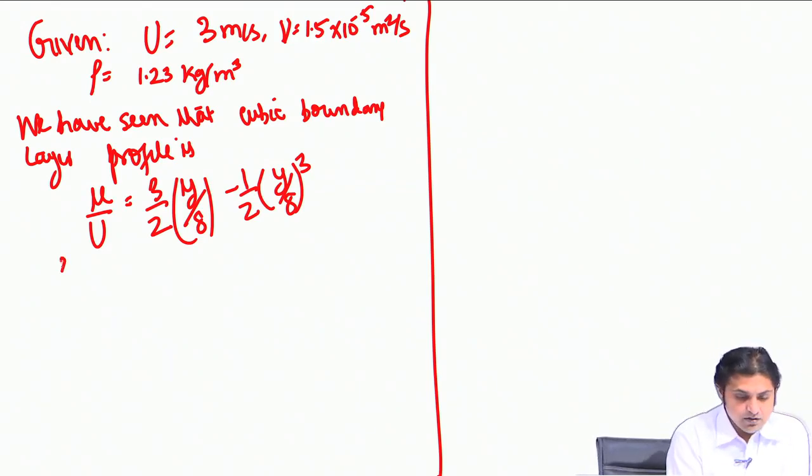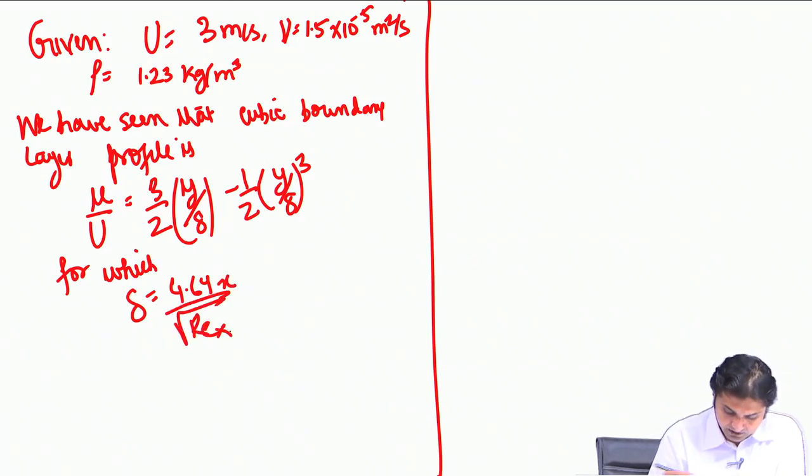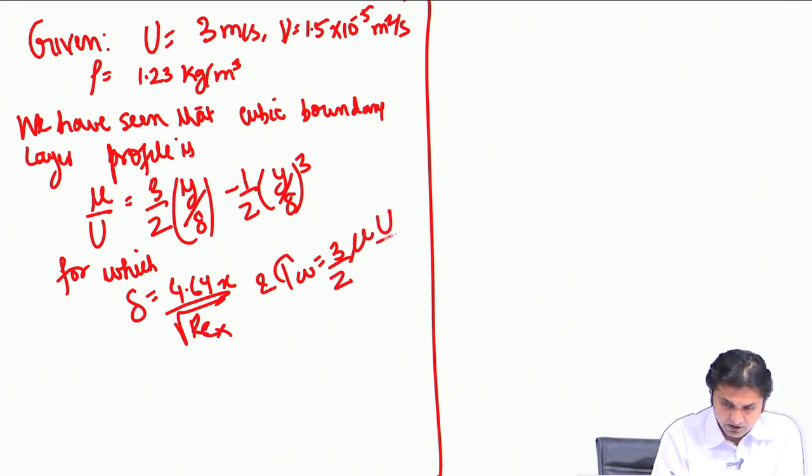Okay, for which boundary layer thickness is 4.64 x under root Re of x. Okay, and tau w is 3 by 2 mu capital U by delta.